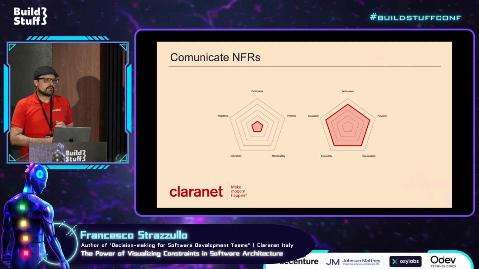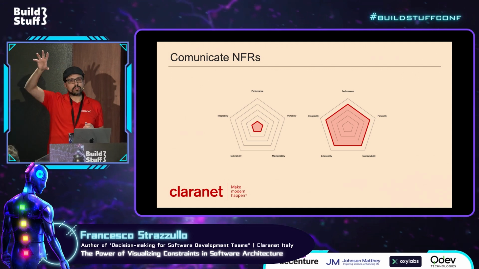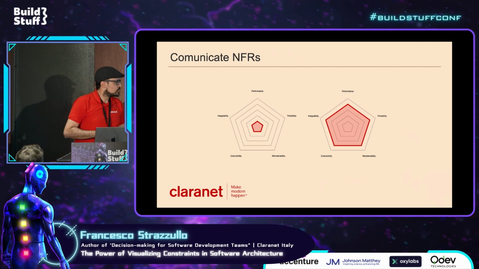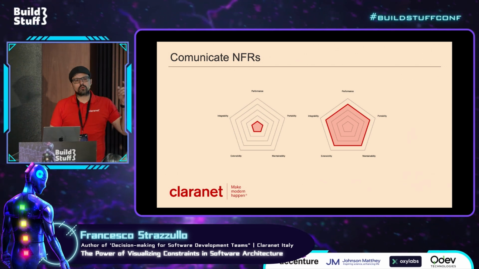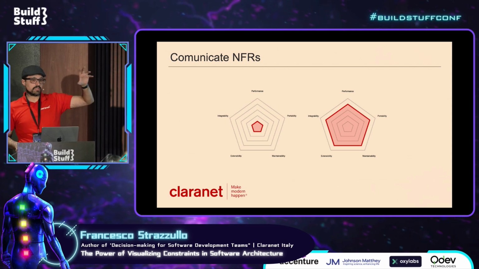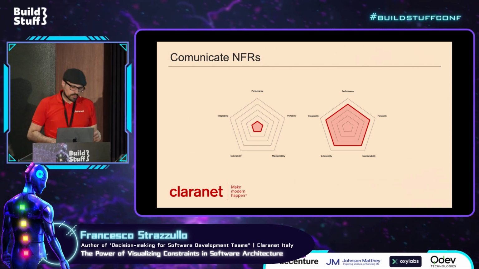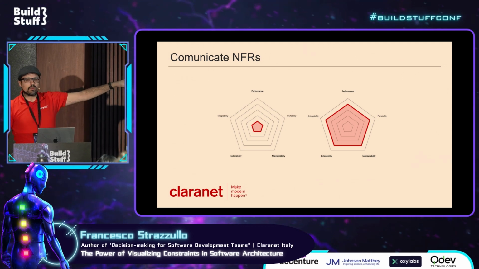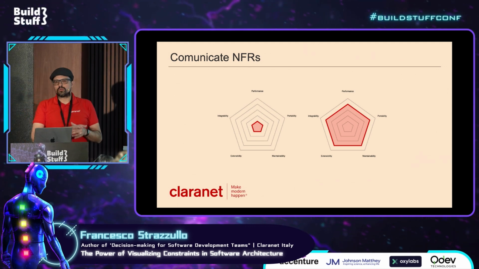So we need to fill that chart in order to explain with a picture how our software should be. This chart is what I call the architecture compass chart because it's like a compass. Our software should be like this one. There is no specific rule in filling this chart, but this is an example of how you should not do this.